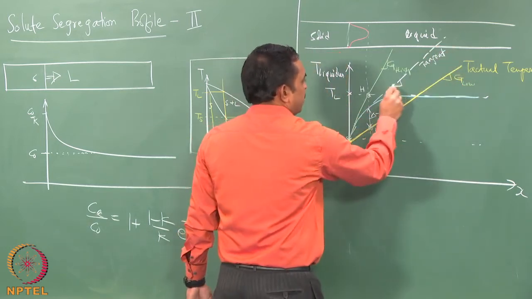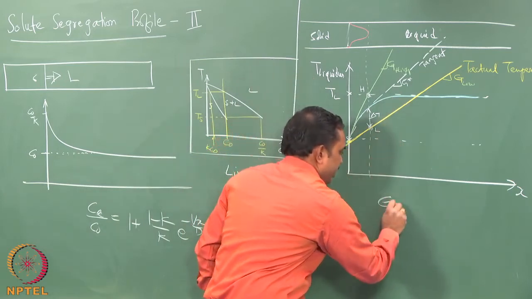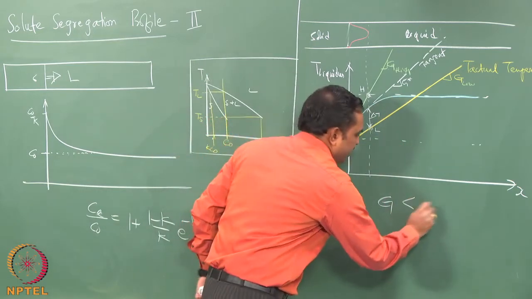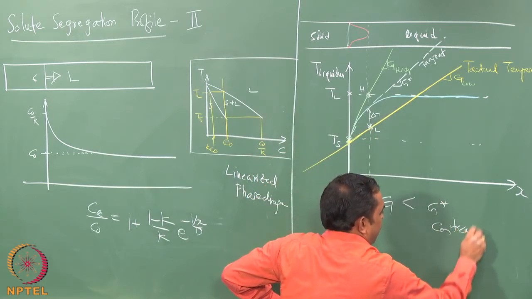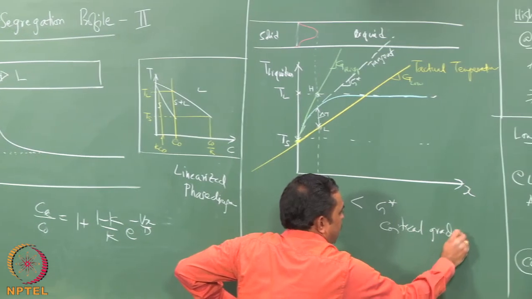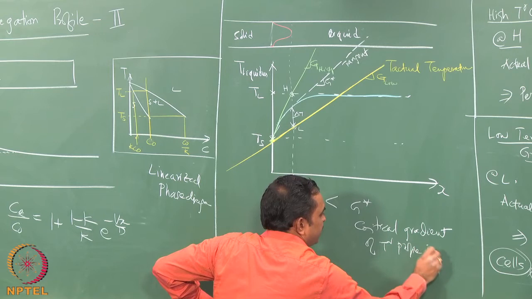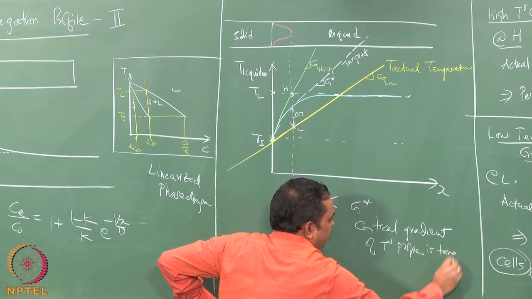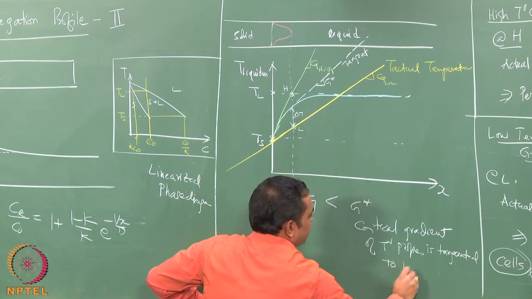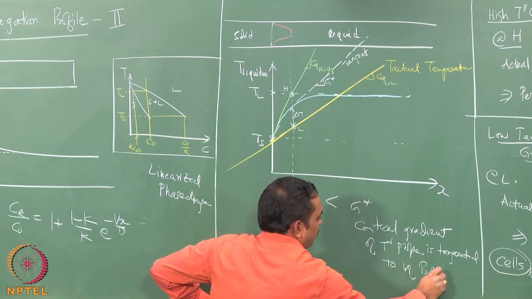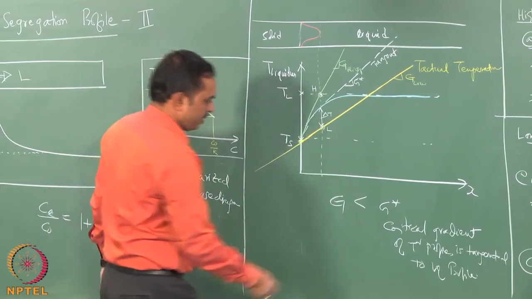and we can inspect this as a critical slope, and we can ask a question: if the imposed temperature gradient was less than the critical gradient of a temperature profile that is tangential to this liquidus profile, then you have a situation where equiaxed growth is possible.